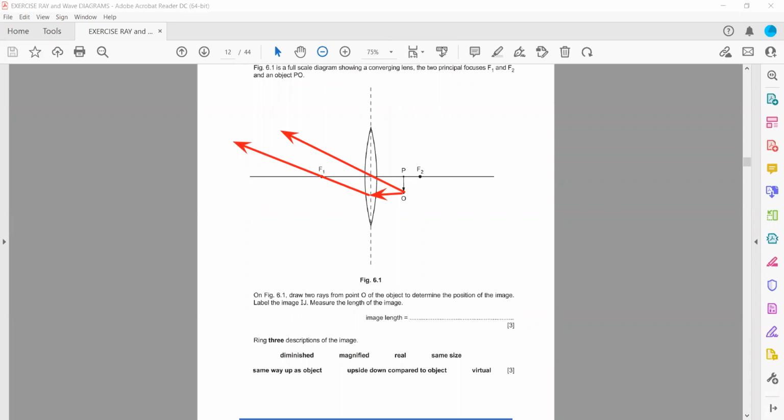So when we look from this side, our brain senses light is coming straight from the object. So when it recreates the position of the two light rays, we produce them backward.